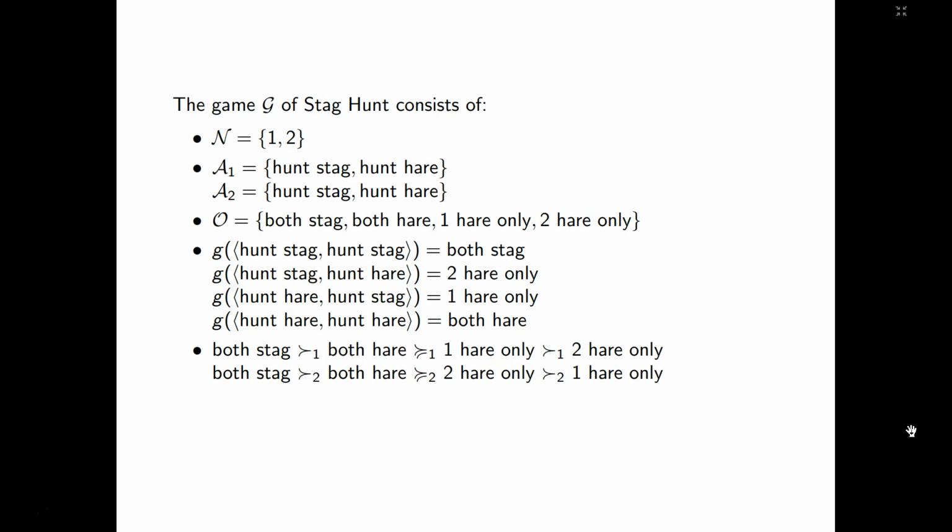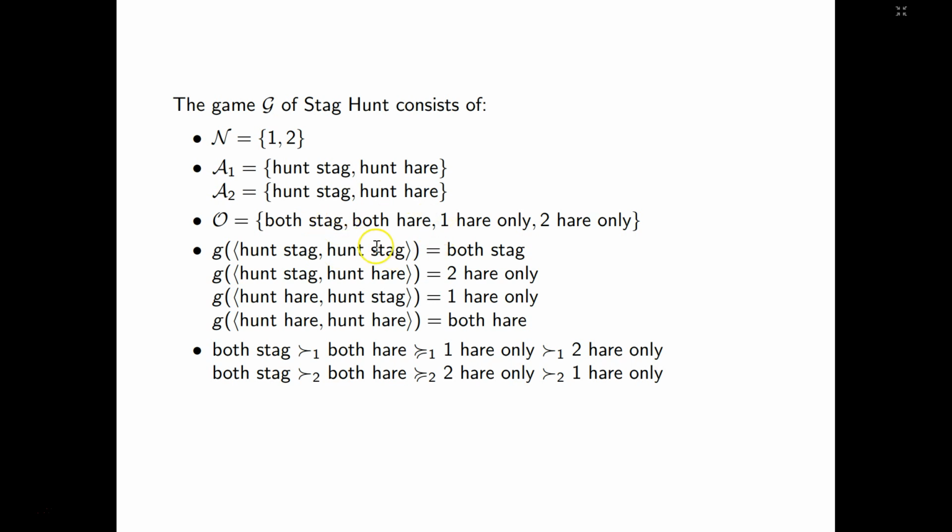Stag Hunt we can also represent as a formal model. Here again we have 2 players, player 1 and player 2. We have an action profile for each player. Here they only have 2 actions to choose from: hunt stag or hunt hare. We have a set of outcomes. Here we have 4 possible outcomes. They both get stag.